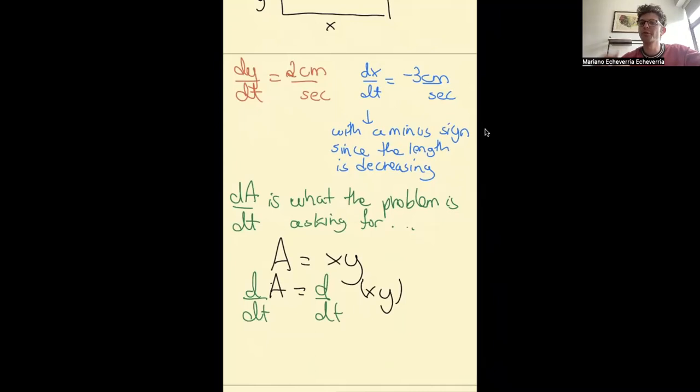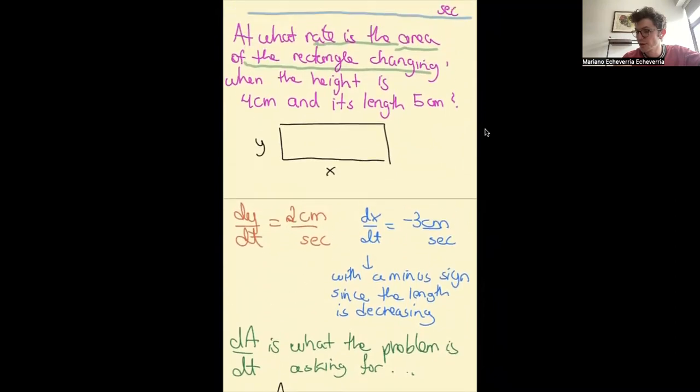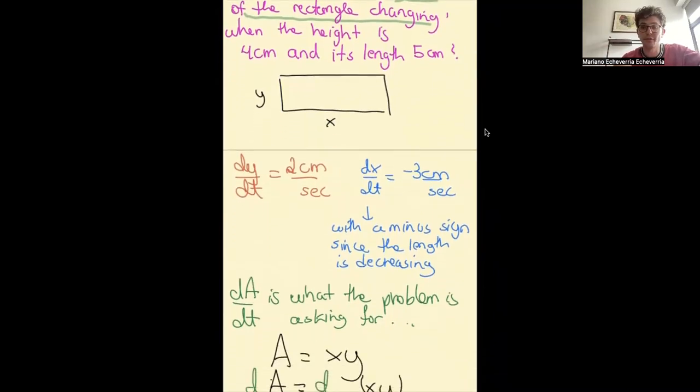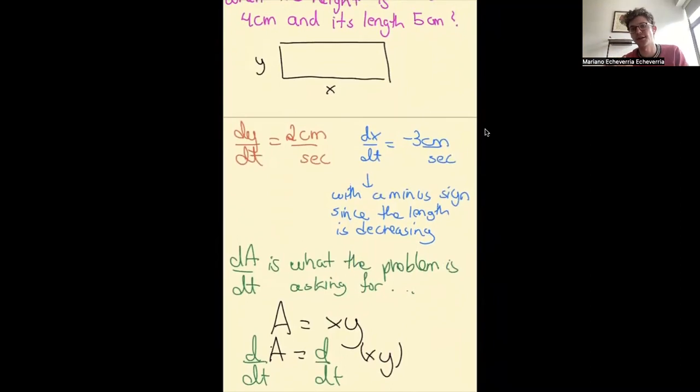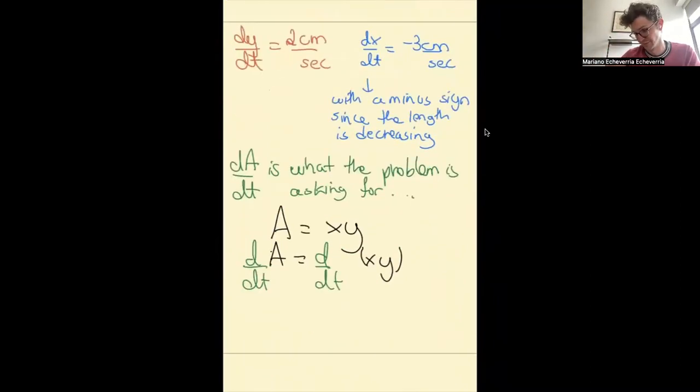Yeah, you should do the product rule. That's what can be confusing about these problems. You have to think that both x and y are functions of time because both of them are changing over time at a certain rate. Time is not even appearing in the formula, but it is the variable with respect to which everything else is changing.